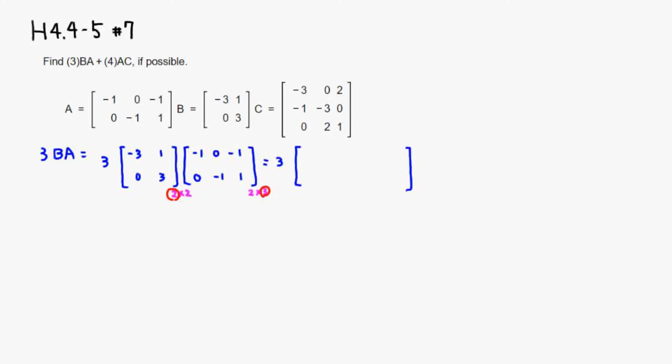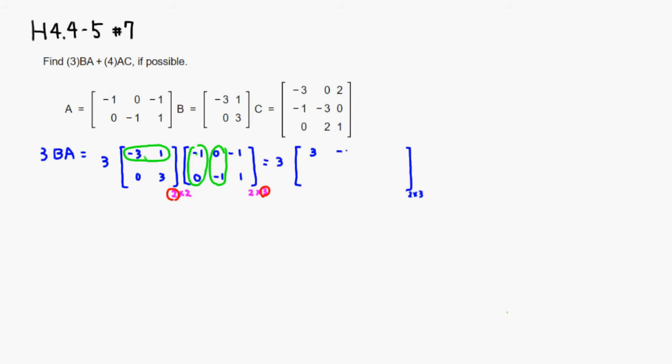Let's compute that 2 by 3 matrix. For the first row, we use the first row of the first matrix and multiply by the first column: negative 3 times negative 1 is positive 3, plus 1 times 0, so 3 plus 0 is 3. Next, first row times the second column: negative 3 times 0 is 0, plus 1 times negative 1 is negative 1, so it's negative 1.